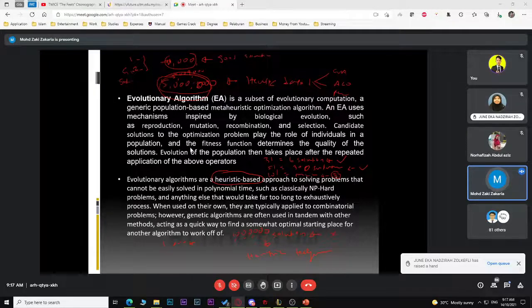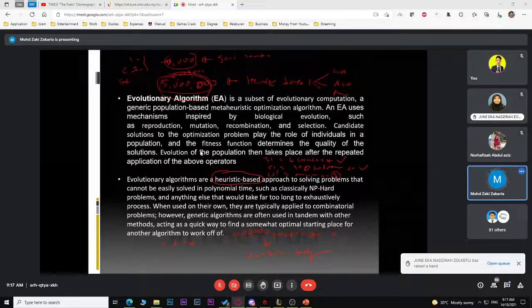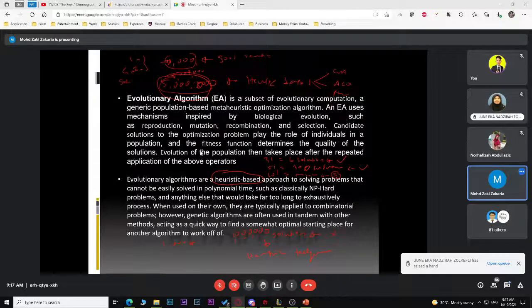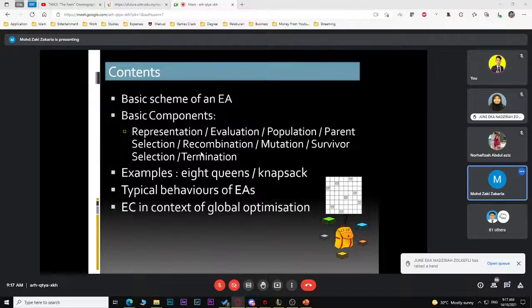Evolutionary algorithms are heuristic-based approaches to solving problems that cannot be easily solved in polynomial time, such as classical NP-hard problems, and anything else that would take far too long to exhaustively process when used on their own. Okay, nothing.